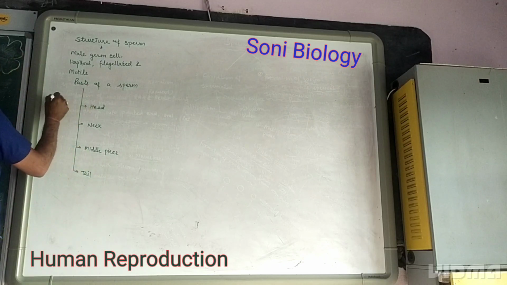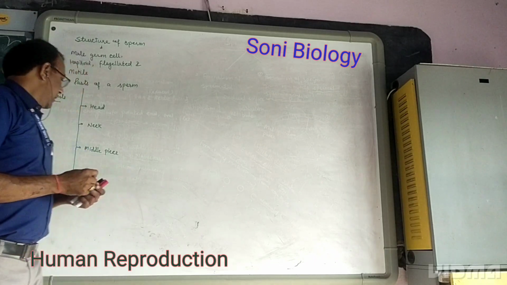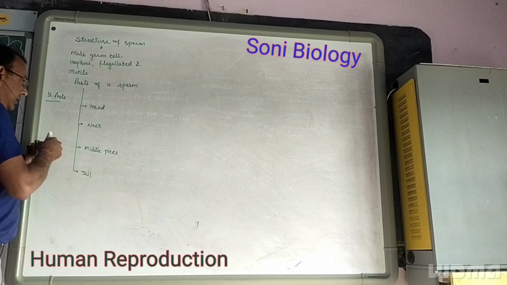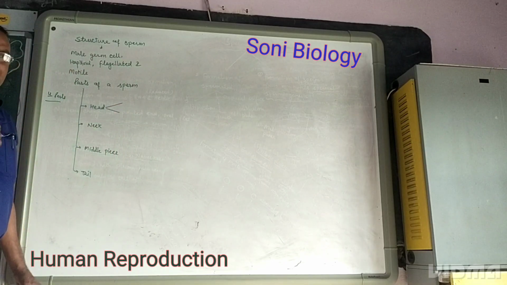These are the four parts of a sperm. The head consists of two zones. What are the two zones?